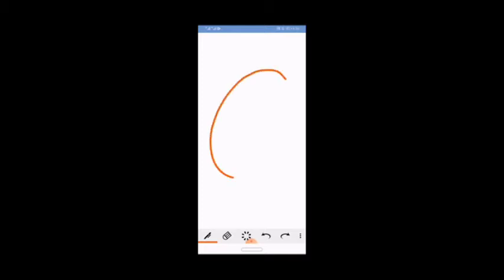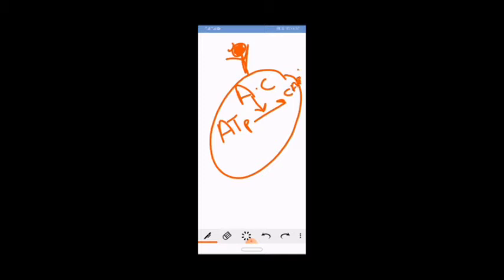Here is our cell, and here is the receptor. When adrenaline gets attached to the receptor, it activates adenyl cyclase enzyme, which converts the ATP into cyclic AMP. Cyclic AMP activates a cyclic AMP dependent protein kinase enzyme.